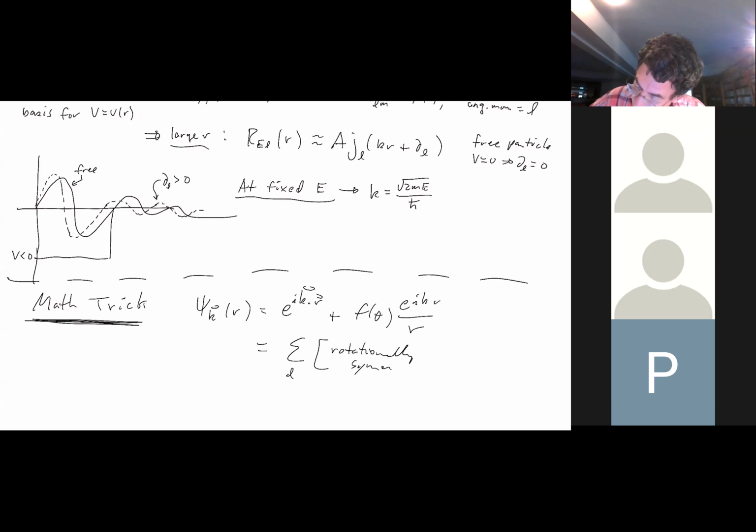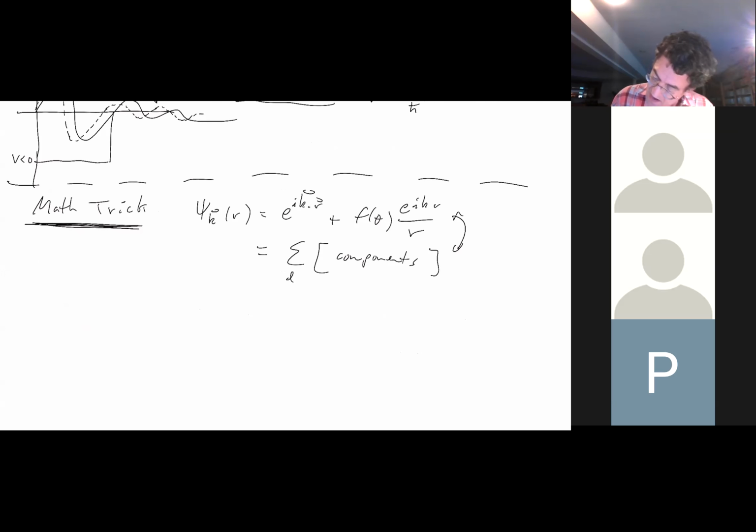When we do this math and write our wave function as a sum over angular momenta, it's just a math trick. I showed you the math trick last time, and I'm not going to go through all that again.